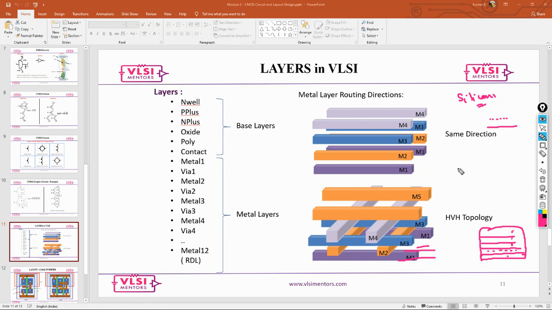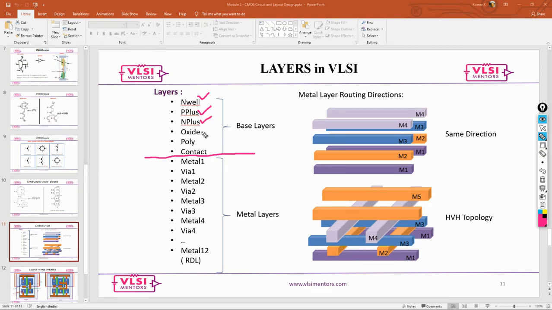Okay, now in that process, there are something called layers. We have different layers. This is exactly what we call it in the industry. It's called mask. Okay, now if you look at these layers, we have something called N well, P plus, N plus, oxide, poly and contact.